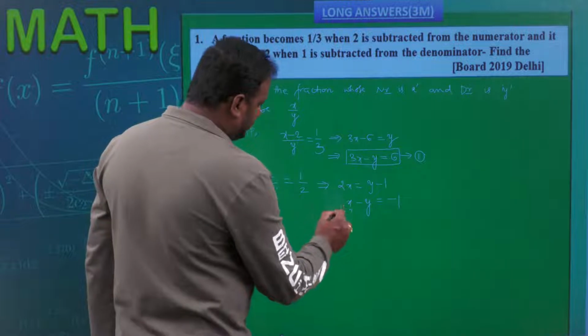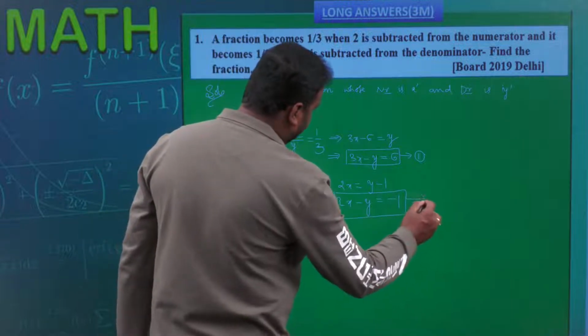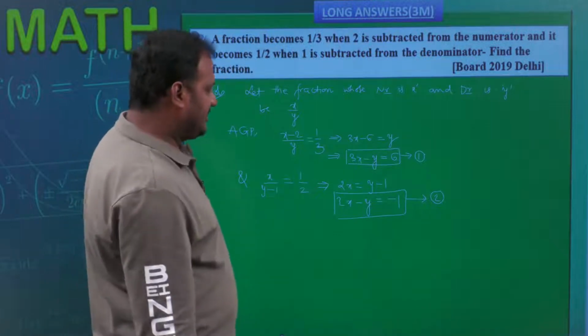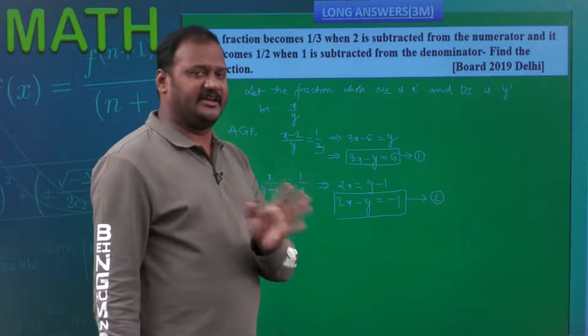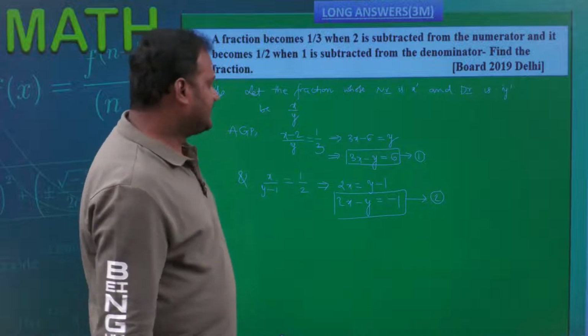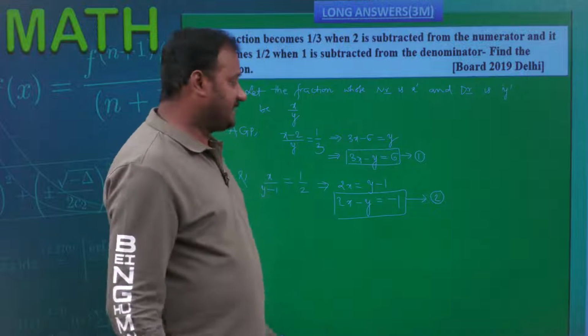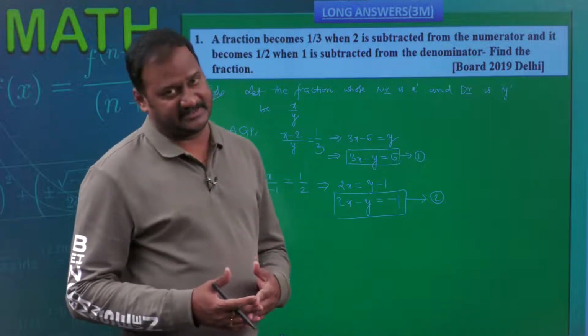So 2x minus y is equal to minus 1 is the second equation and 3x minus y is equal to 6 is the first equation. You can solve them by any of the algebraic methods. This is minus y, this is minus y. Since the y terms are the same, I go with the elimination method.